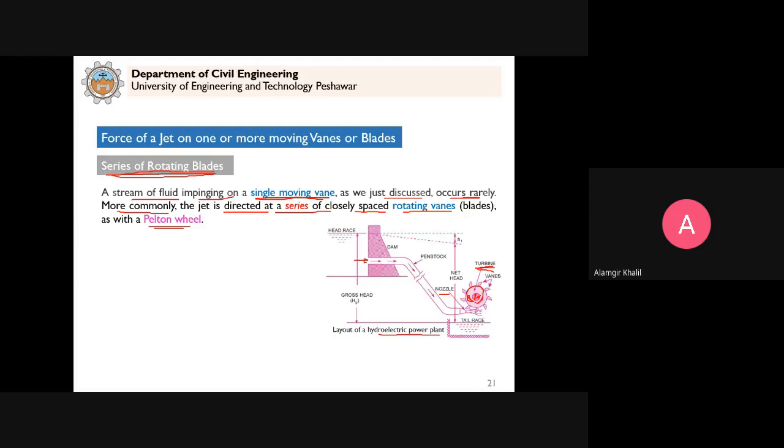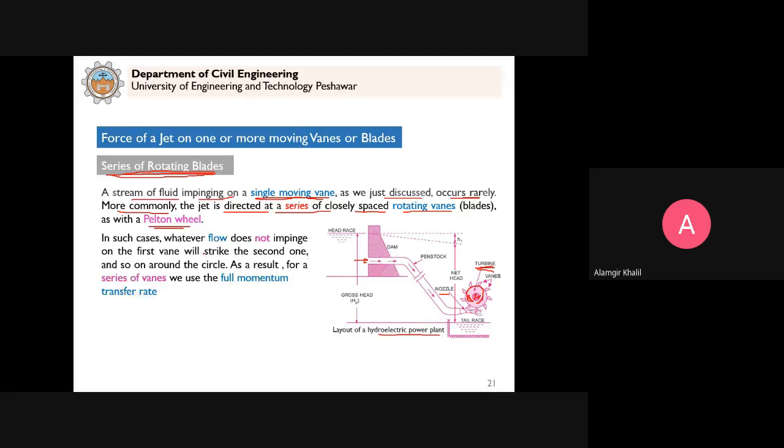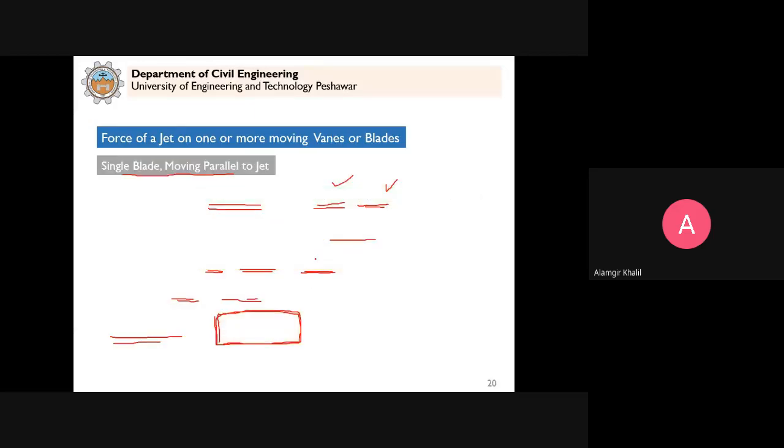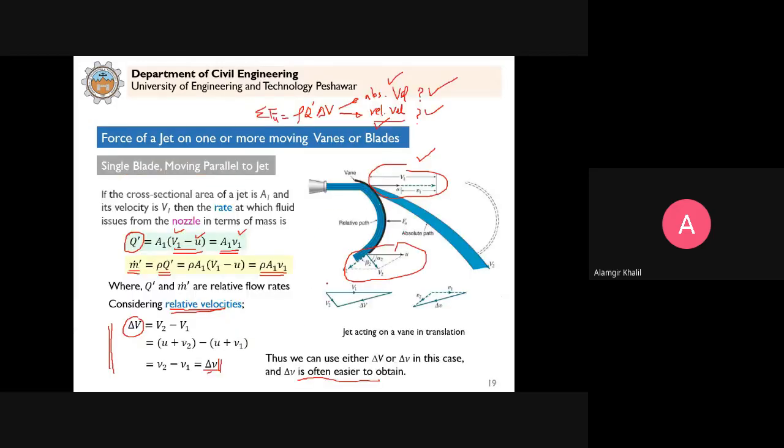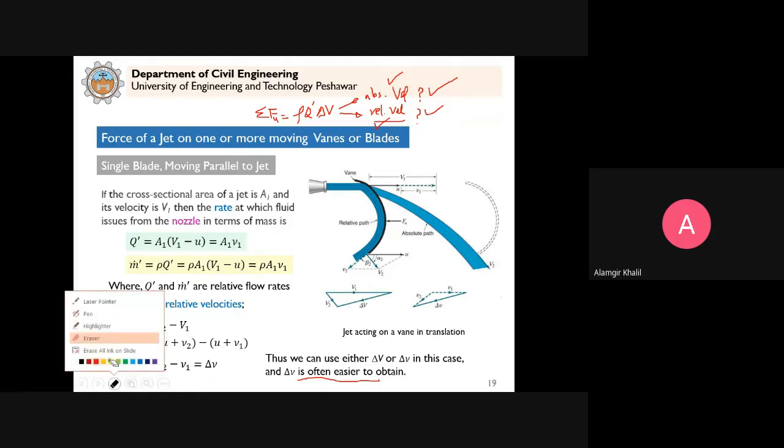In both cases, forces are involved. So how do we calculate the force? When water strikes a series of moving vanes or blades, whatever flow does not strike the first vane will strike the second vane, and so on around the circle. What we said earlier for a single moving vane is that the discharge hitting is less, because the vane is moving and not full momentum is transferred.